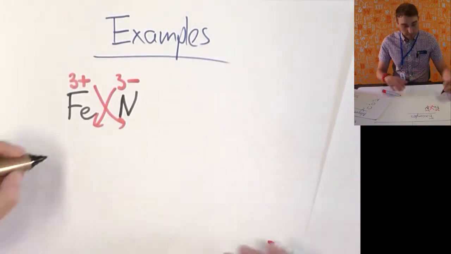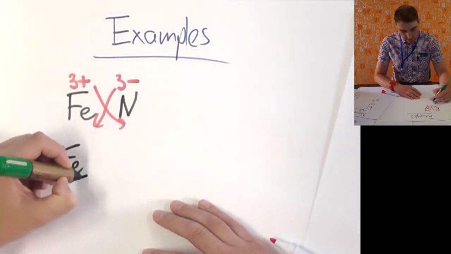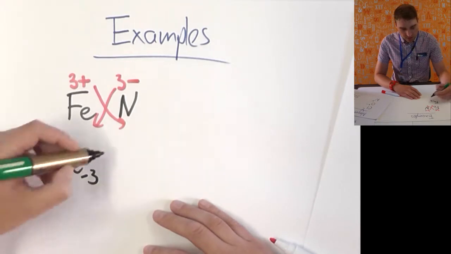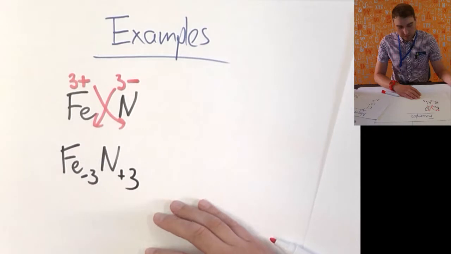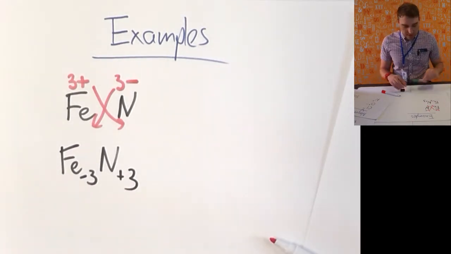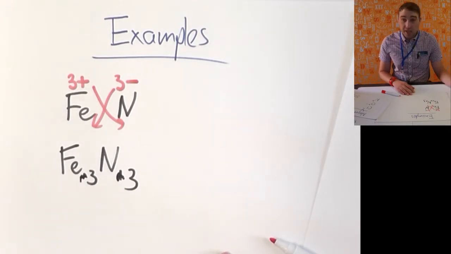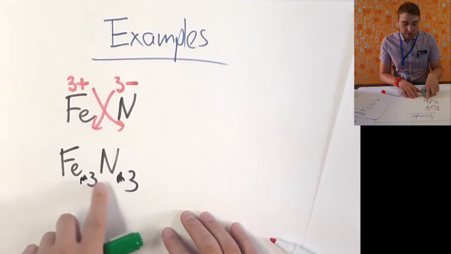Write it down again. So I've got Fe minus 3. I'm just going to change the minus and the number around. N plus 3. Now, next step, get rid of the charges. Put Fe3, N3. Now, my ratio of ferric ions to nitride ions is 3 to 3.